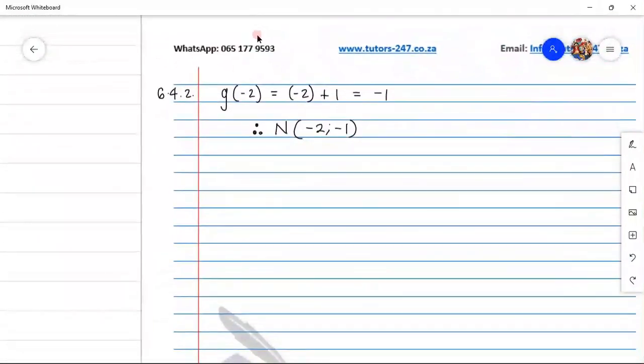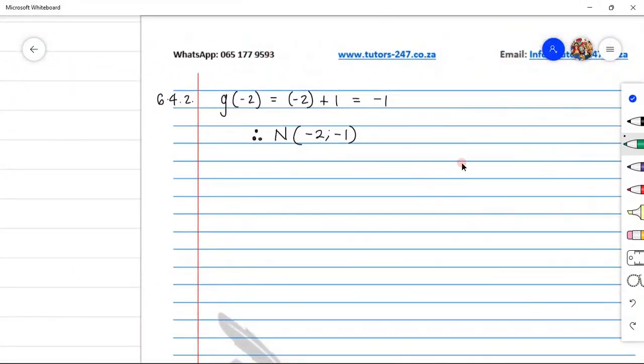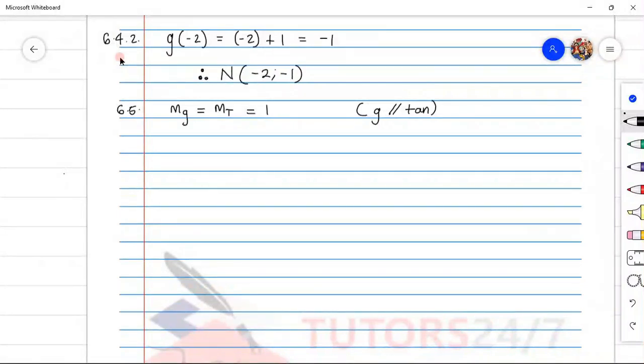So let's go down here quickly. So question 6.5, the gradient of G is equal to the gradient of our tangent, which is then equal to 1 because G is parallel to our tangent. Something important to remember is that whenever two lines are parallel to one another, their gradients are always equal.